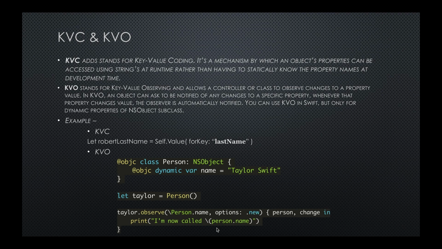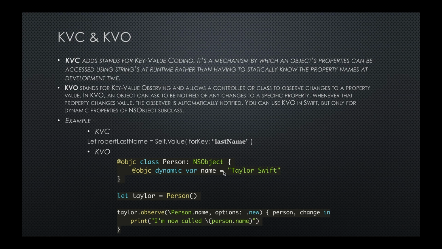So this code will be called every time there is a change in this name. Every time the name is changed to something, this code will be called. It will tell you the new name of the person, because of .new. If you say .old, then on change of this particular property, you will get Taylor Swift only over here.